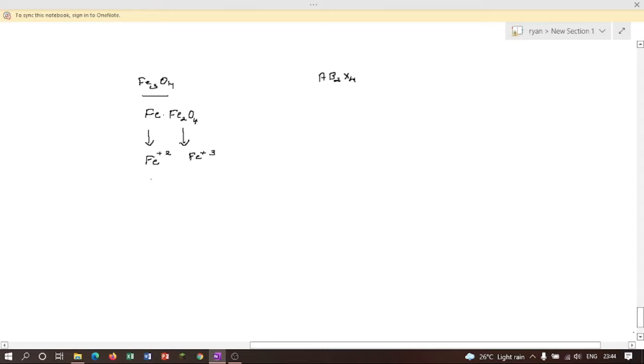Here Fe plus 2 is a d6 configuration, and Fe plus 3 is a d5 configuration.